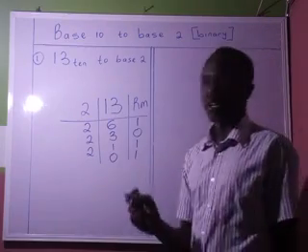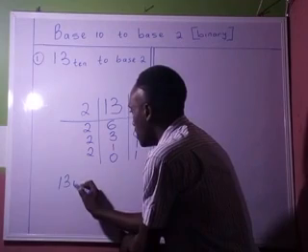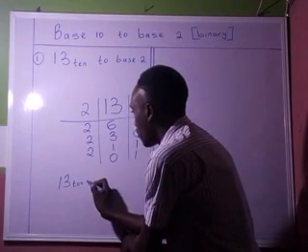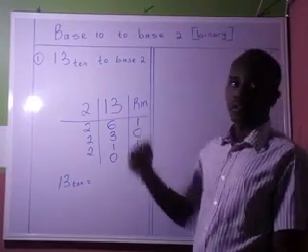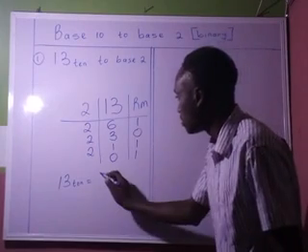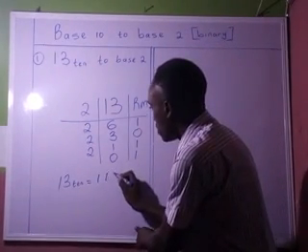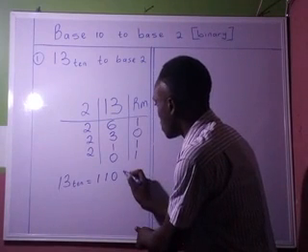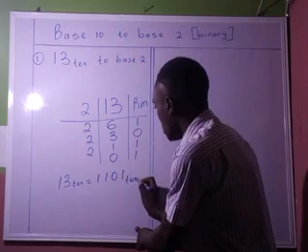But to write my final answer, 13 in base 10, I'm going to start writing my answers from the bottom going upwards. So that will be 1, 1, 0, and 1 in base 2.